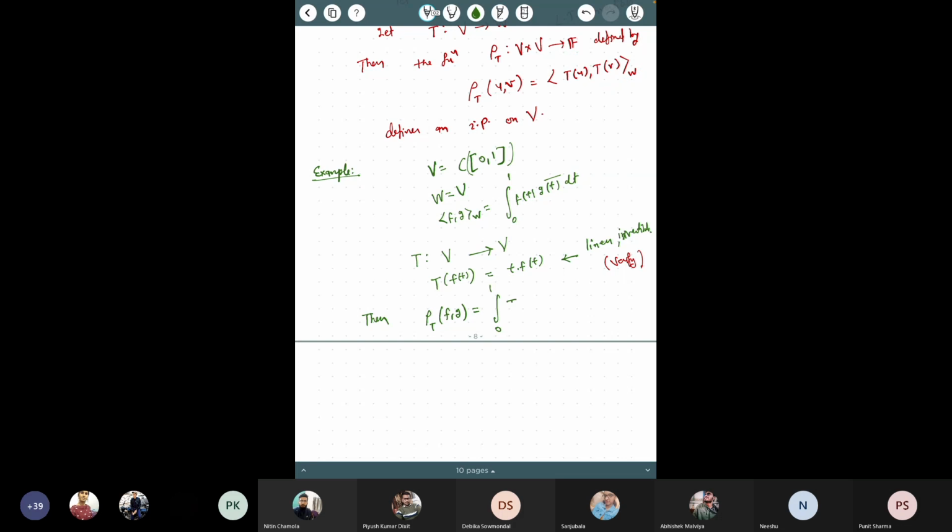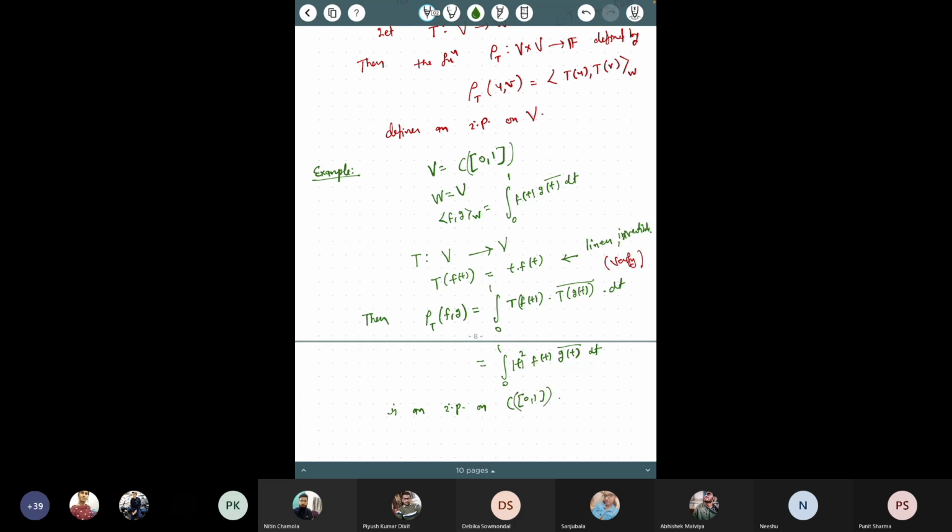It would be the integral of T(f)(t) times the conjugate of T(g)(t) dt, which is the integral from 0 to 1 of t squared f(t) g(t) bar dt. Now this is an inner product on C[0,1].